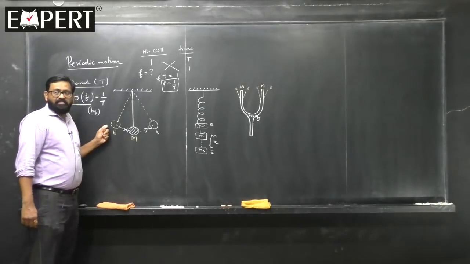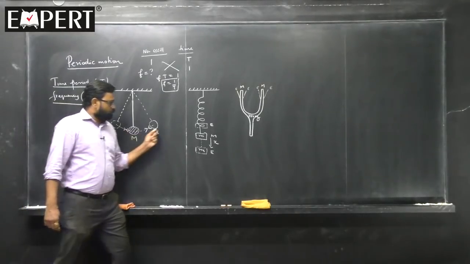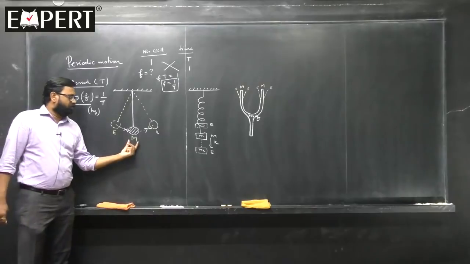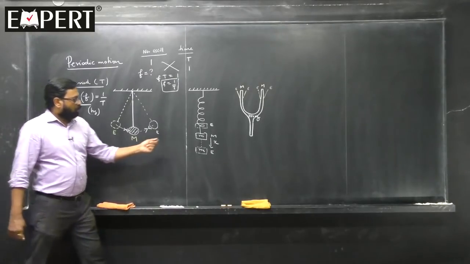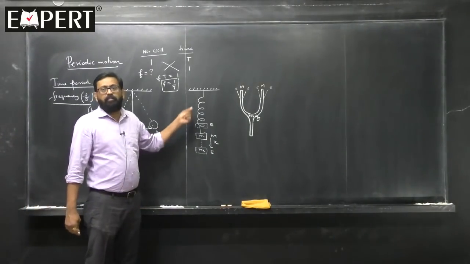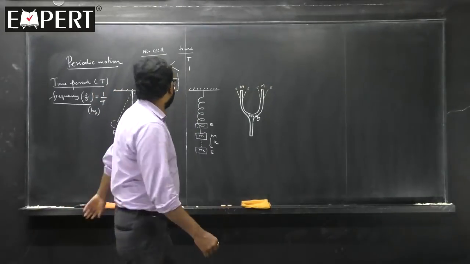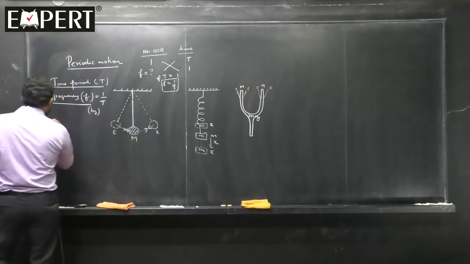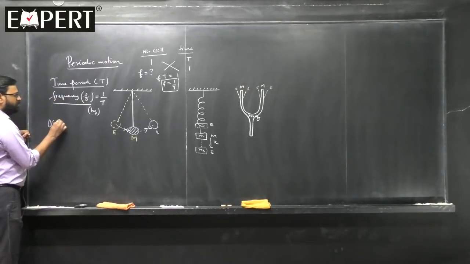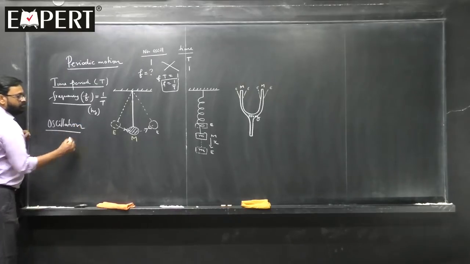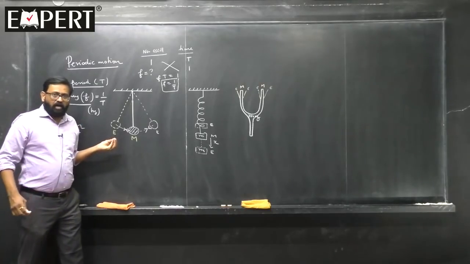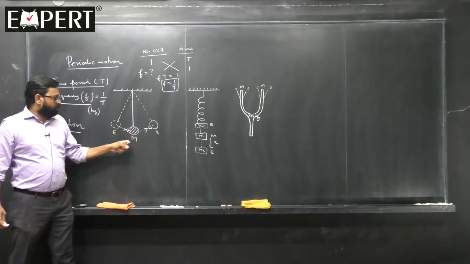If a particle is said to have to and fro motion about the mean position, or up and down motion about the mean position, we call it an oscillation. Oscillation or oscillatory motion is defined as: a particle is said to have an oscillatory motion if the particle is having a to and fro motion about the mean position.